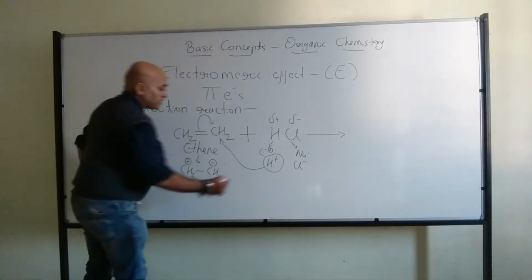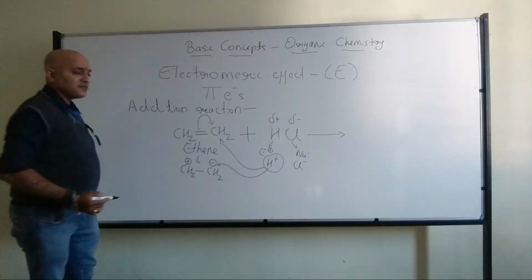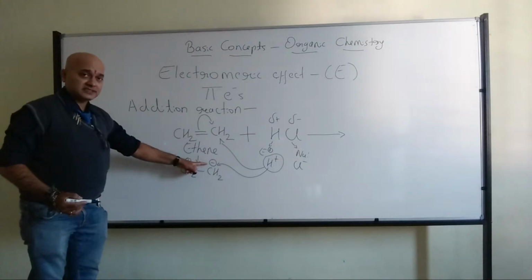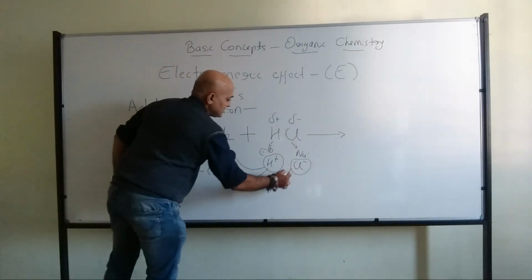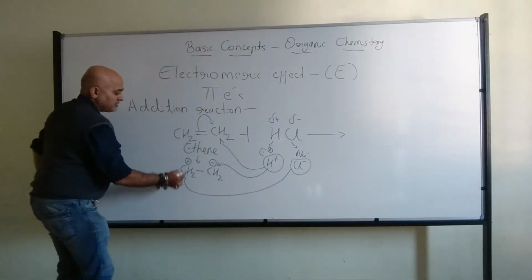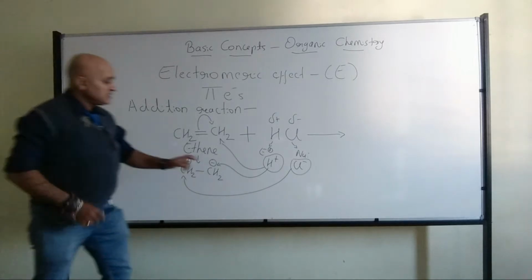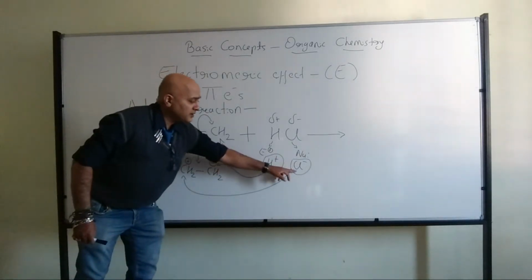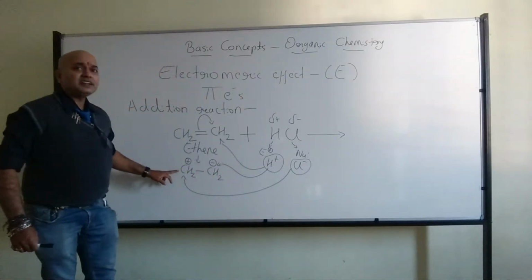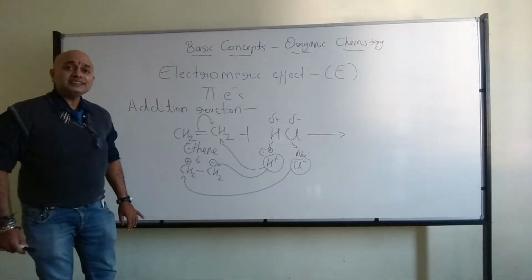Now therefore, H plus can easily attack this carbon because of the electron richness. Now Cl minus can easily attack this carbon because it is electron deficient. Got my point? So electron rich, electron deficient, they will go with each other.